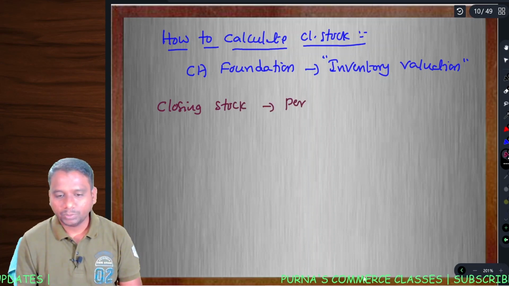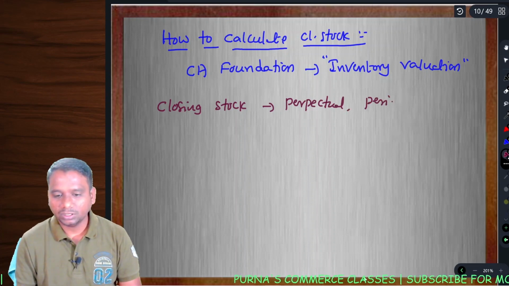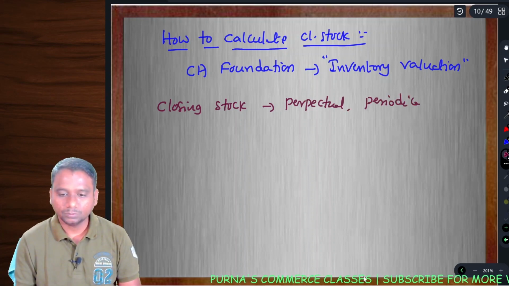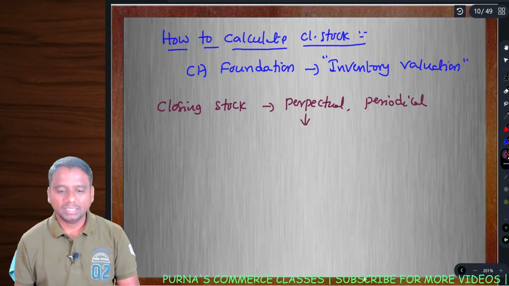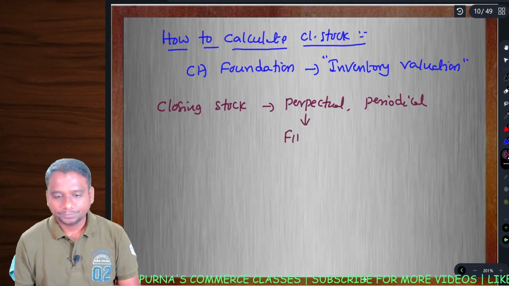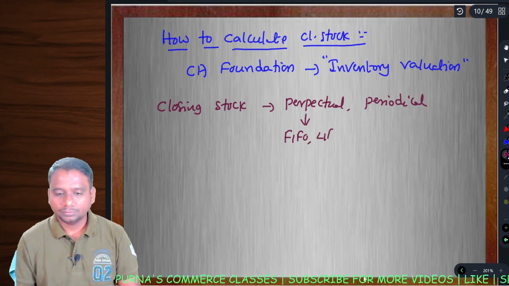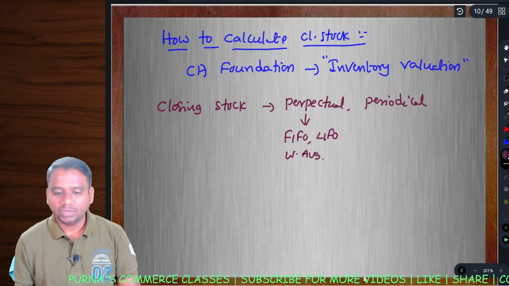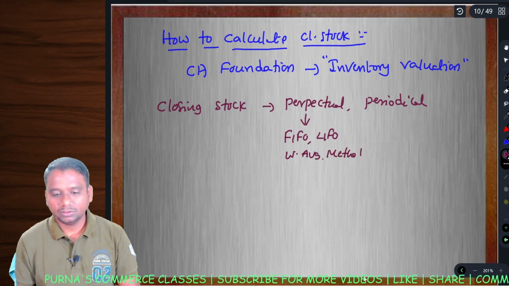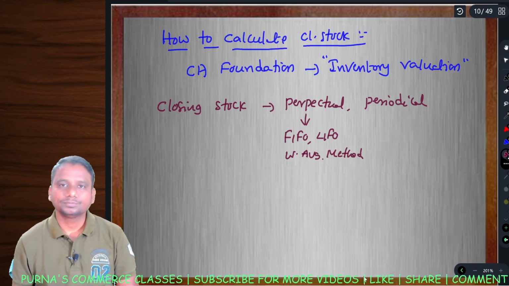One is perpetual system and another one is periodical inventory taking. Under perpetual, we have seen FIFO method, LIFO method, and weighted average method. Yes or no, students? Right.